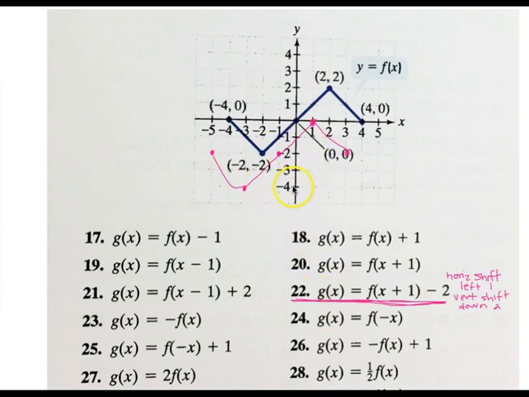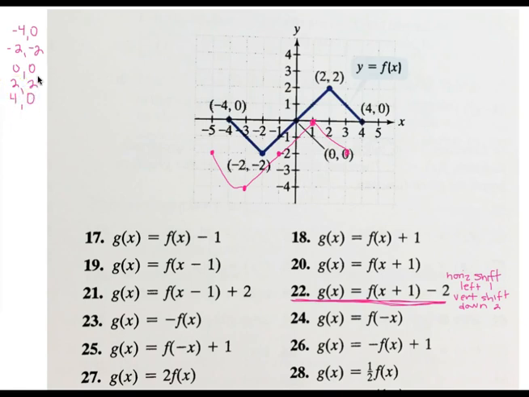So you can do it that way, or you can look at it and say in order, okay, I'm going to list these 4 points, and for each of those 4 points, so let's say I have (-4, 0), (-2, -2), (0, 0), (2, 2), and (4, 0).